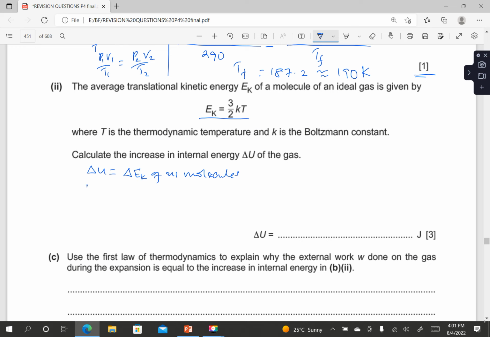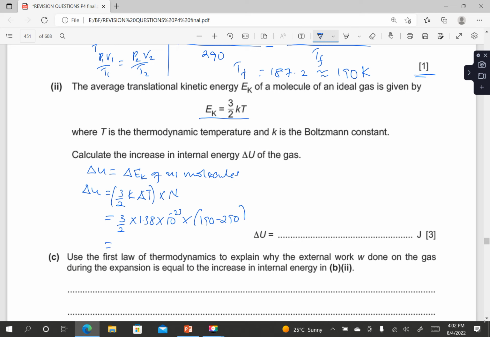So the increase in internal energy will be equal to 3 over 2 times k times the increase in temperature, which is for one molecule, times the number of molecules. I'm now substituting: 3 over 2, k is 1.38 times 10 power negative 23, times 190 minus 290.